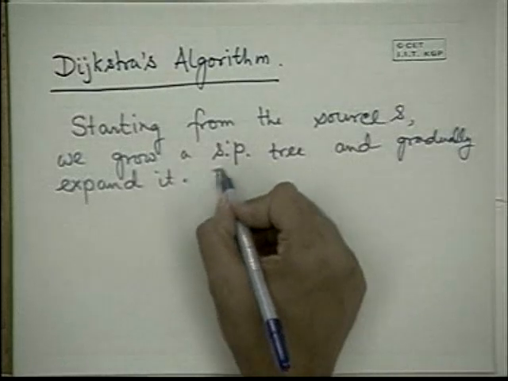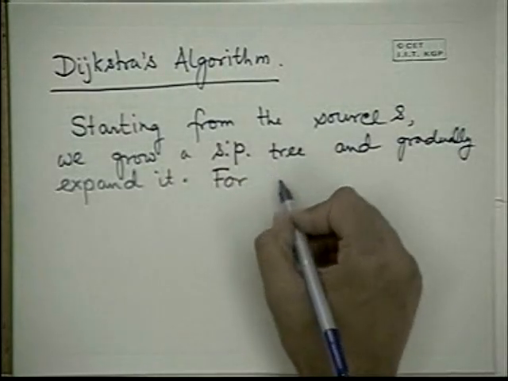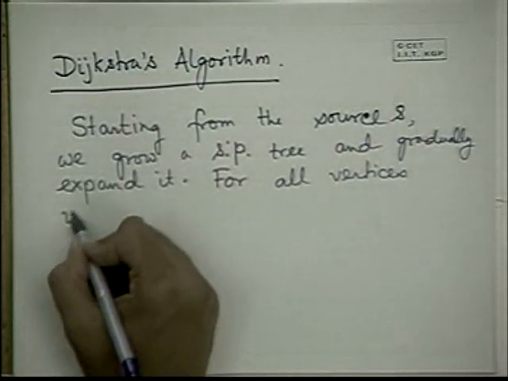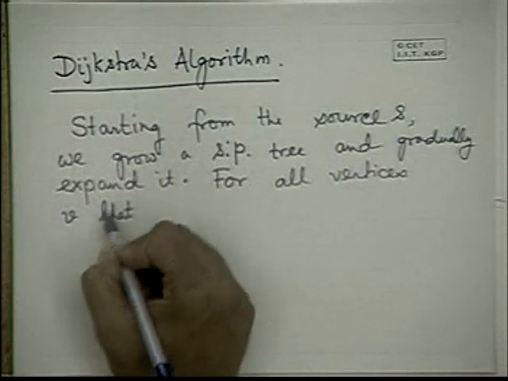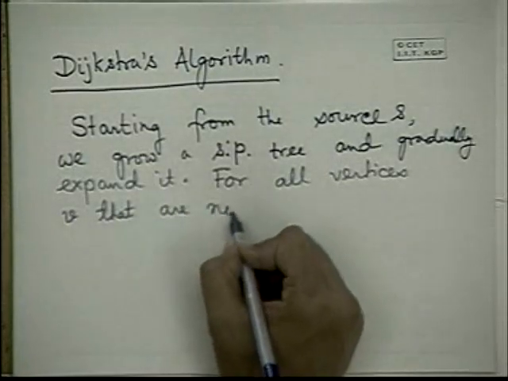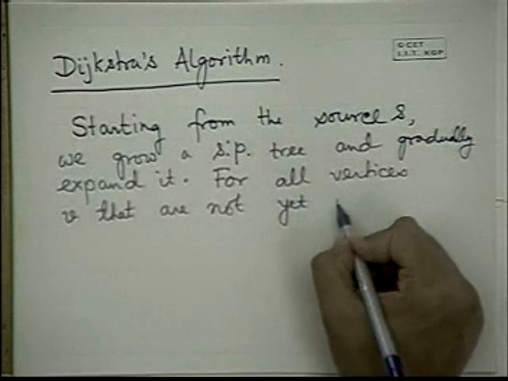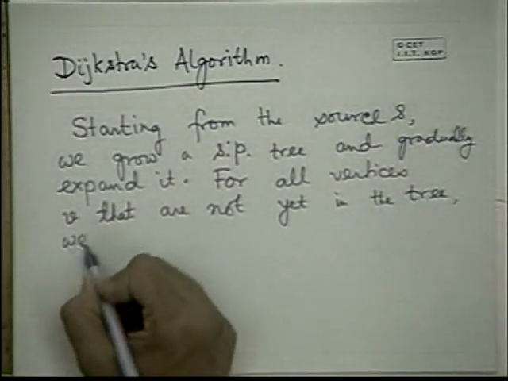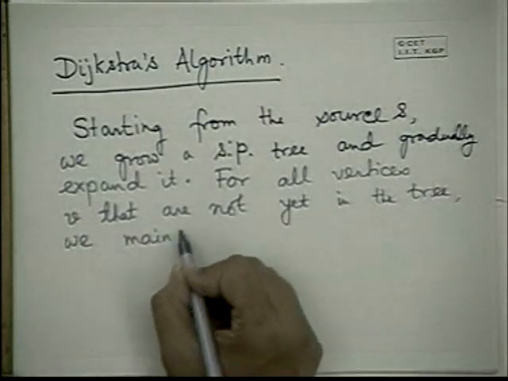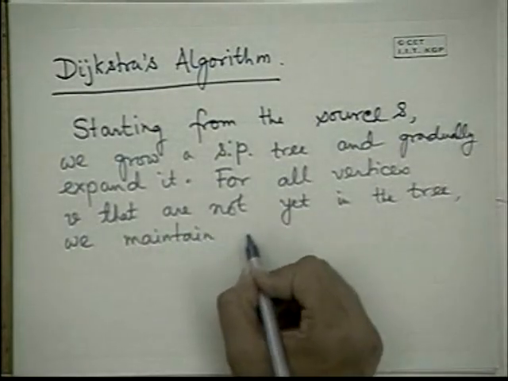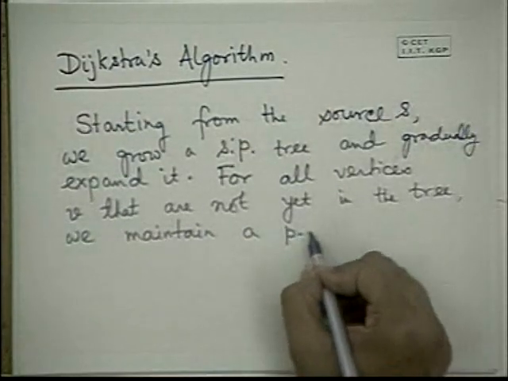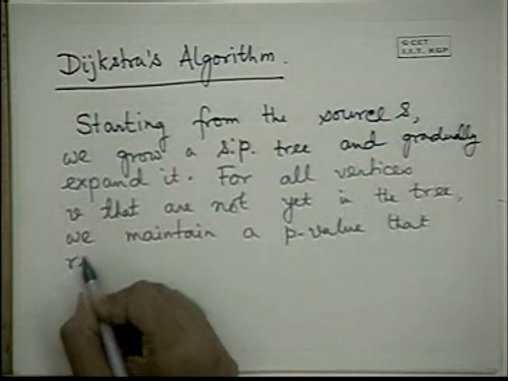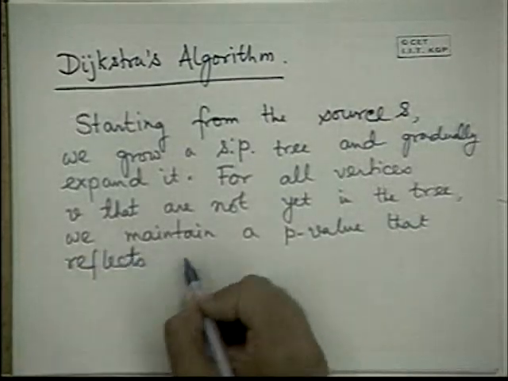Okay, what is the rule? This is the invariant for all vertices V that are not yet in the tree. We maintain a priority value, p value, that reflects, what is this p value?